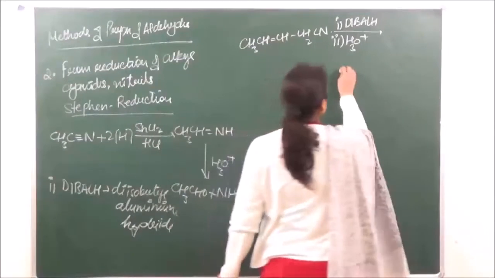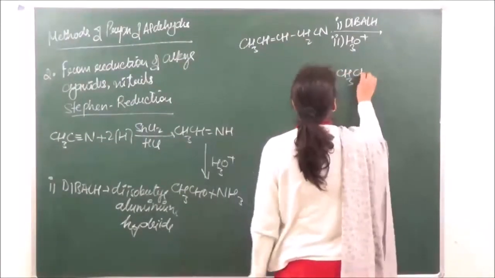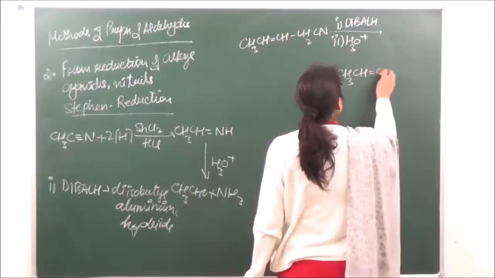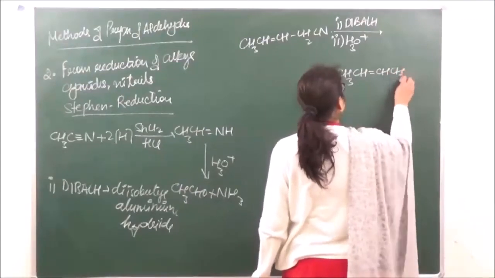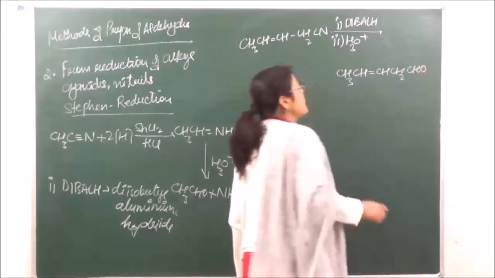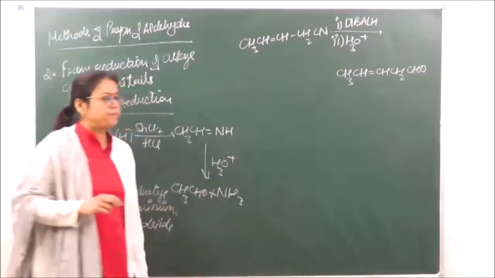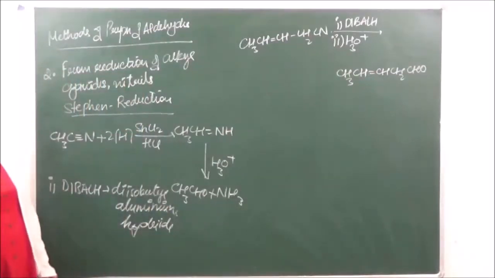So we have CH3CH=CHCH2CHO. The double bond is not affected if you are using DIBAL-H as the reducing agent. So this is Stephen reduction.